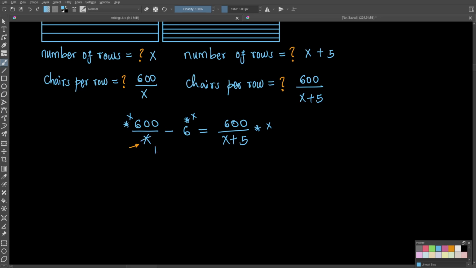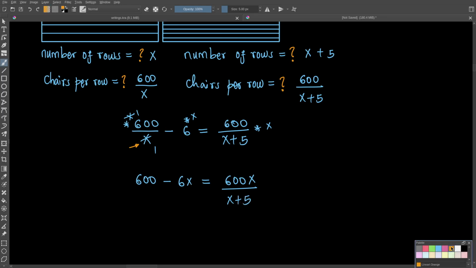So x over x is going to be 1, x over x is 1. So we are left with 600, and then minus 6 times x, that's minus 6x, and this is equal to 600 times x, that's going to be 600x over x plus 5.